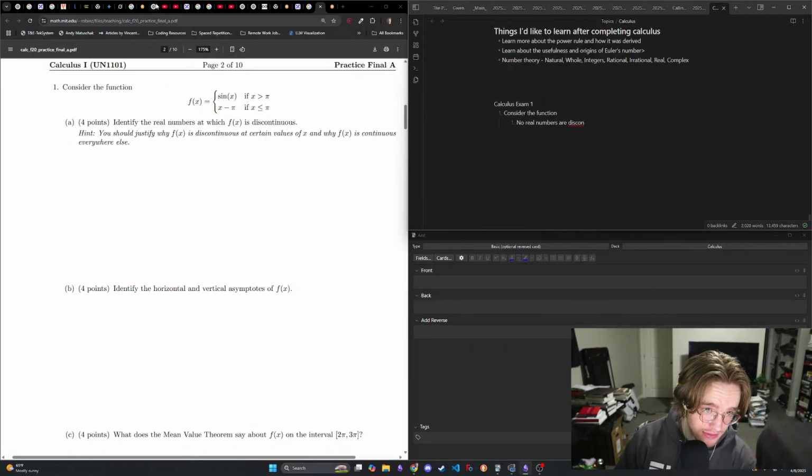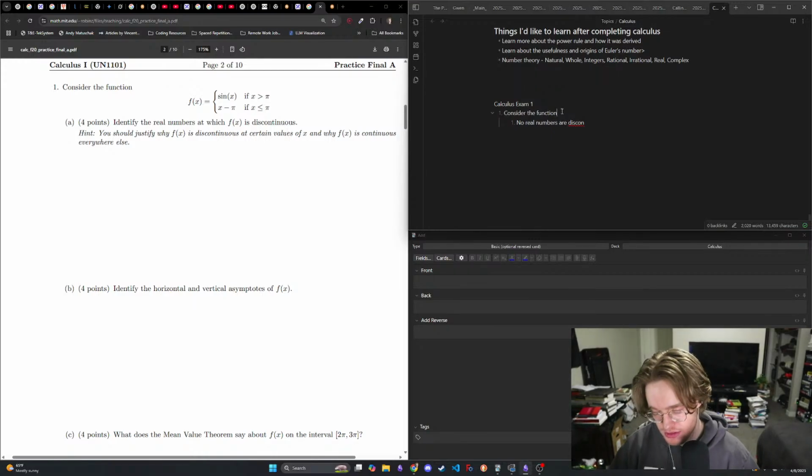I feel like we would have a discontinuity right here. Okay, we're going to review this one. I believe it is the case that no numbers are discontinuous.